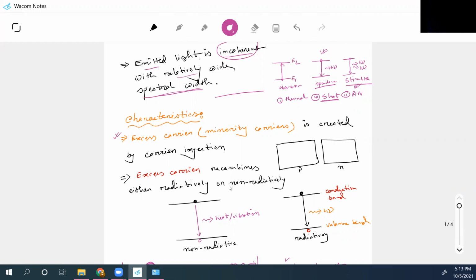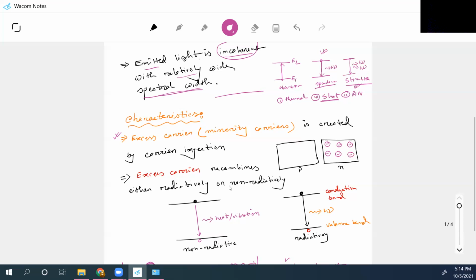When we dope it, silicon has 4 electrons in the outer shell, and we add a material with 3 or 5 outer electrons, like gallium arsenide, it creates P or N. In N, the majority carriers are electrons.